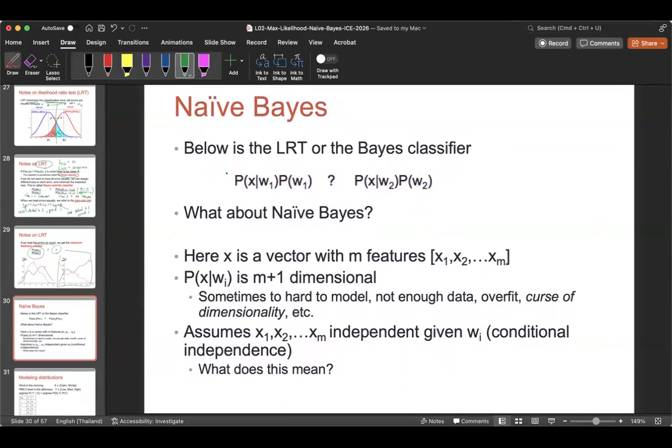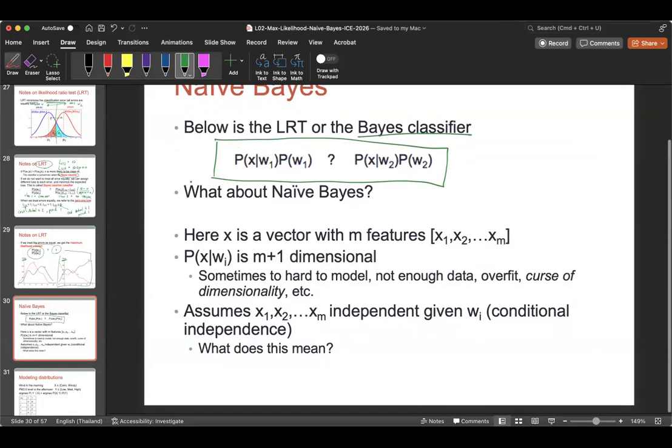All right, so this is the likelihood ratio test. We're comparing the two probabilities. This is called the Bayes classifier. In this probability, this x here can be a multi-dimensional vector. Let's say this x is a vector and it has m features.